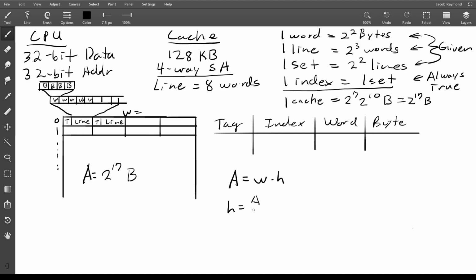The height is just going to be the area divided by the width. And so we can go ahead and figure that out. So our area, again, is just the number of bytes in the cache. It's just 2 to the 17 bytes. Our width is essentially the number of bytes at a single index. So essentially we want some number of bytes per index.